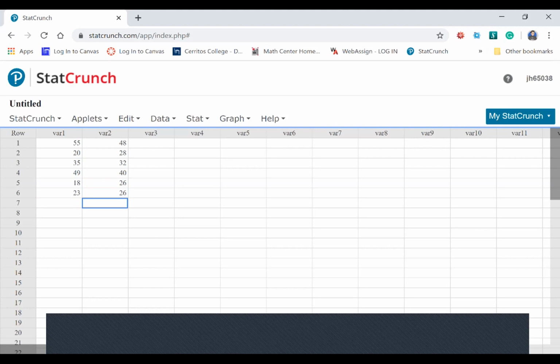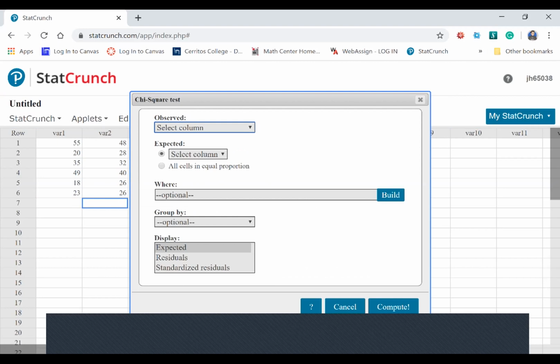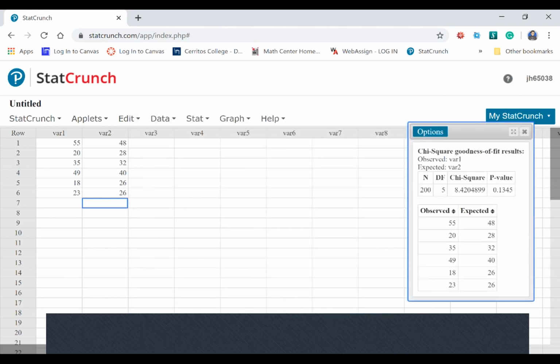Okay, so now let's do our goodness of fit real quick. Goodness of fit chi-square test. It says which ones you're observed. My observed is going to be variable 1, column 1. Which one's my expected? My expected is variable 2. Okay, and then let's just compute this.